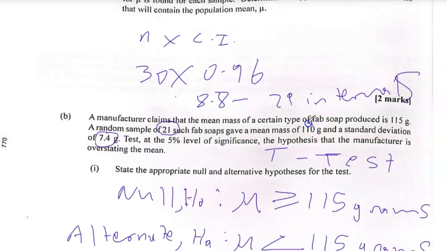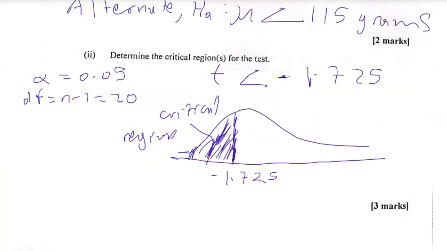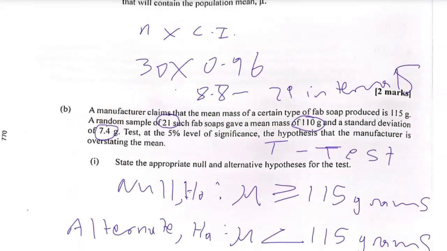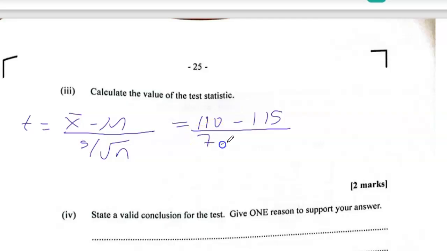Mu was 115. So it's 110 minus mu, which was 115, over s, and s was 7.4 grams, over root n, and n was 21, so over root 21.